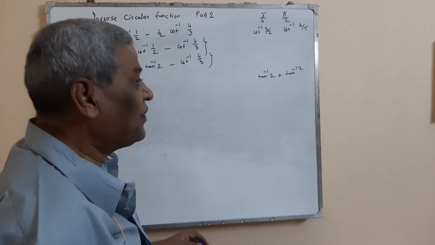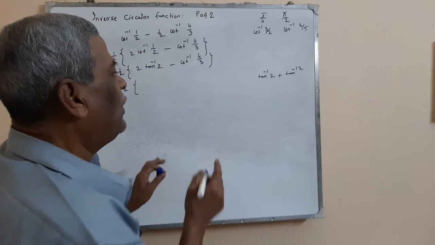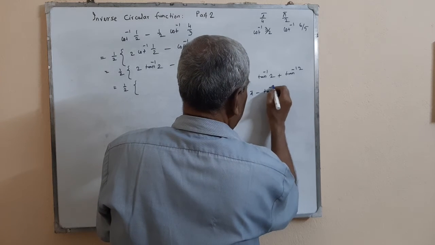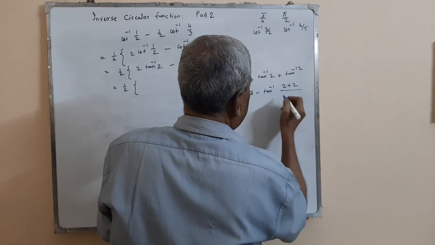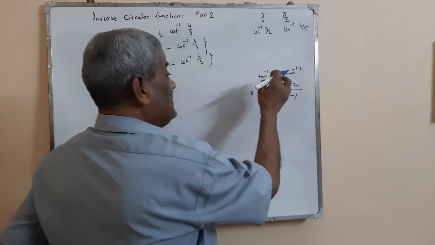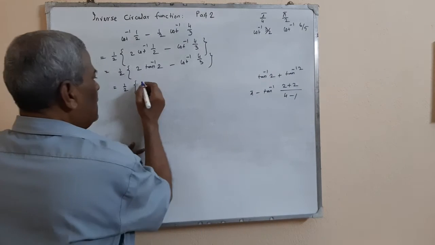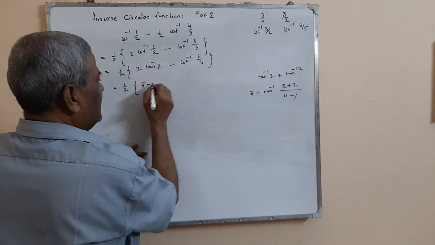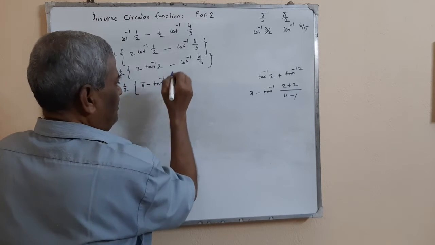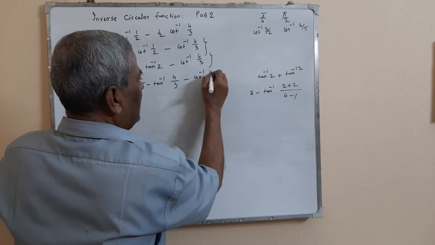The formula is, if x into y is greater than 1, then tan inverse x plus tan inverse y is pi plus tan inverse of x plus y divided by 1 minus xy, that is pi minus tan inverse 4 by 3. So we have half of pi minus tan inverse 4 by 3 minus cot inverse 4 by 3.